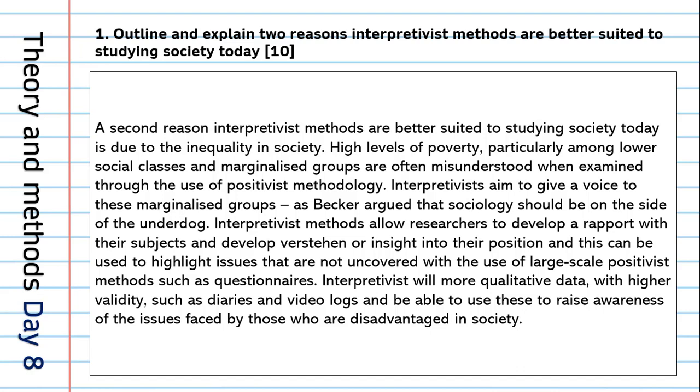Interpretivist methods allow researchers to develop a rapport with their subjects and develop verstehen, or insight into their position, and this can be used to highlight issues that are not uncovered with the use of large-scale positivist methods such as questionnaires. Interpretivists will use more qualitative data with higher validity such as diaries and video logs, and will be able to use these to raise awareness of the issues faced by those who are disadvantaged in society.